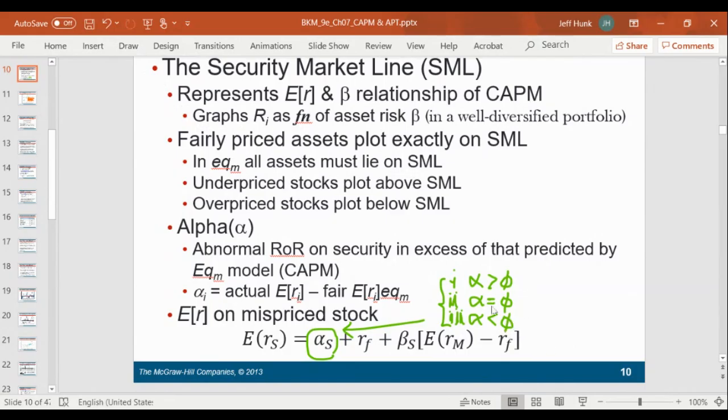And of course, this is fairly priced. And then if it is 0, it is fairly priced; if it is positive, underpriced, undervalued.